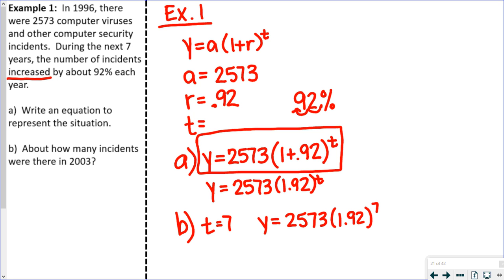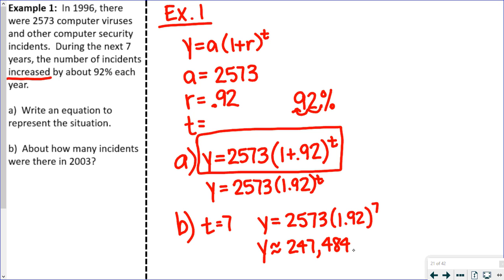To the 7th. And we get approximately, so I'm putting the squiggle because we are rounding, 247,484. Now this problem does not make sense to give me decimal answers because we're saying how many security incidents there were.